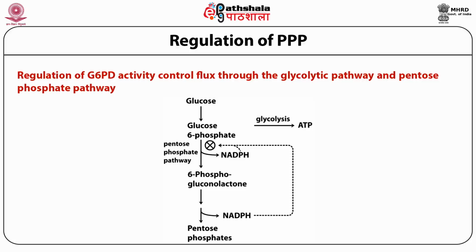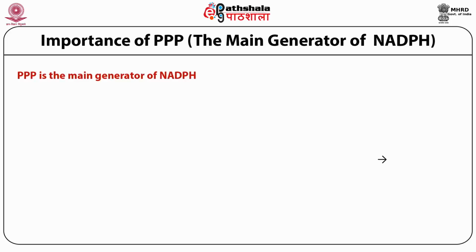Insulin, which is secreted in response to hyperglycemia, induces the synthesis of glucose 6-phosphate dehydrogenase and 6-phosphogluconate dehydrogenase, increasing the rate of glucose oxidation by the pentose phosphate pathway. The synthesis of glucose 6-phosphate dehydrogenase is repressed during fasting. Importance of the pentose phosphate pathway.